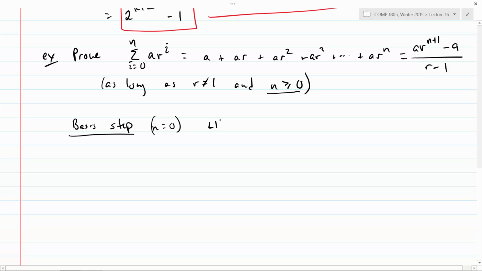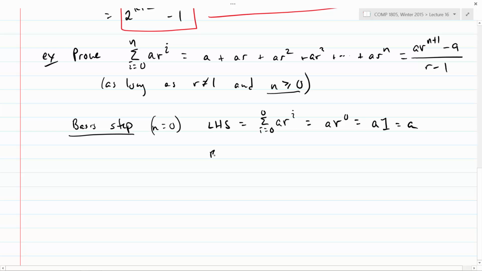We have the left-hand side. Well, that's the sum from i equals 0 to 0 of ar to the i. Yeah, so that's just a. This is the same as ar to the 0, and that's a times 1, which is a.